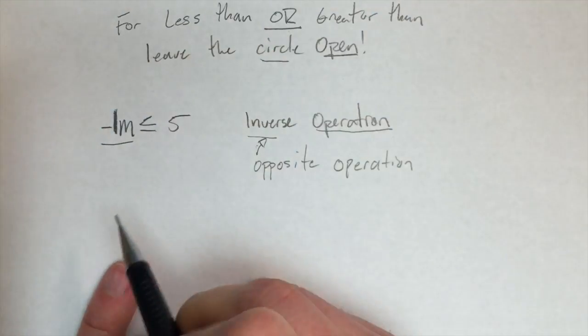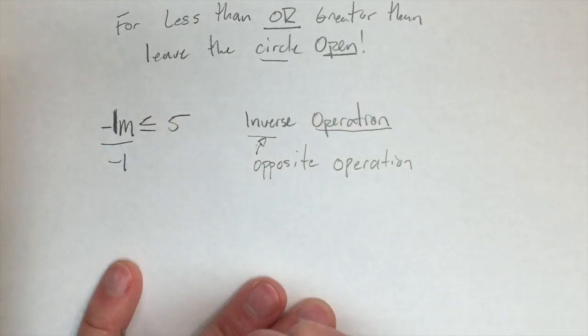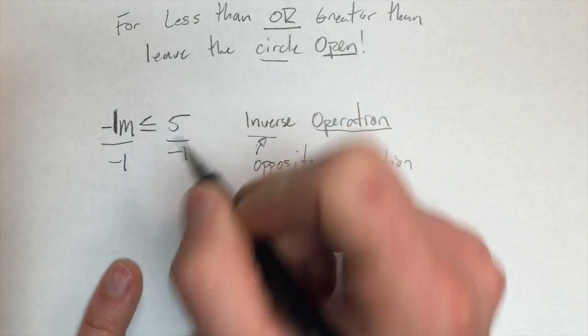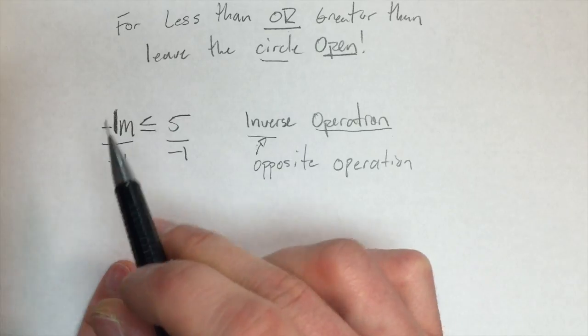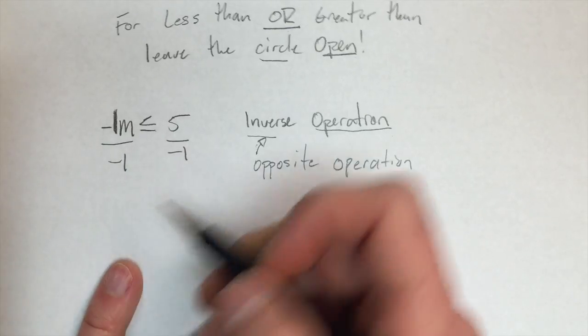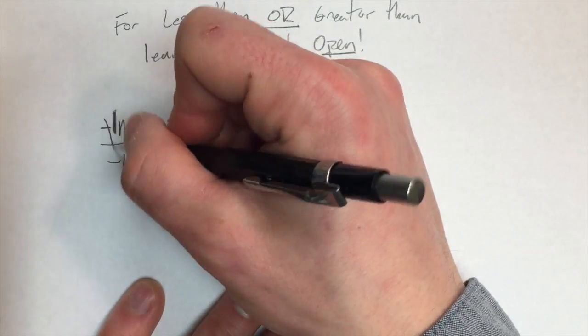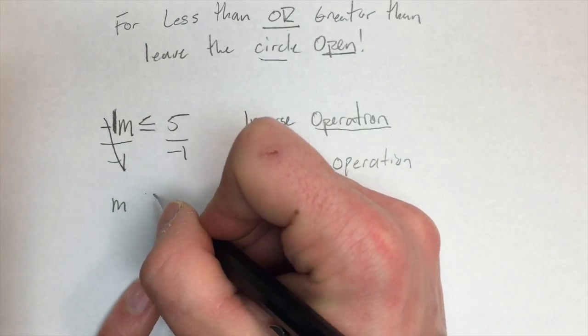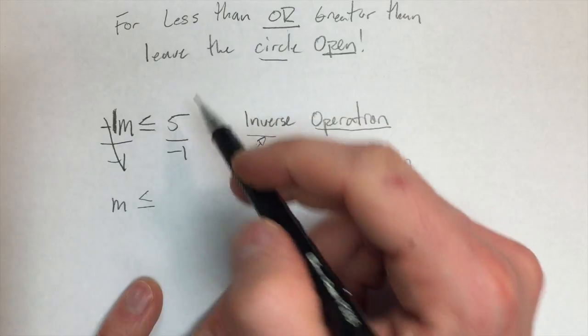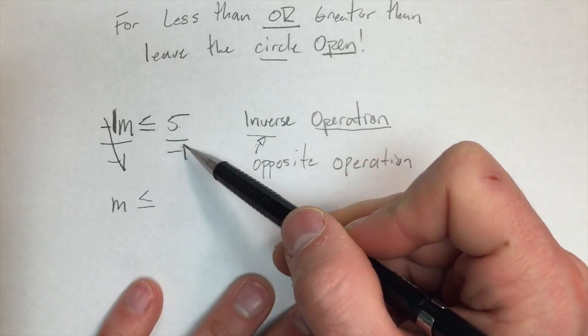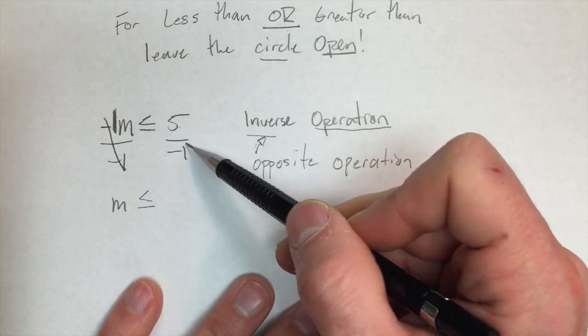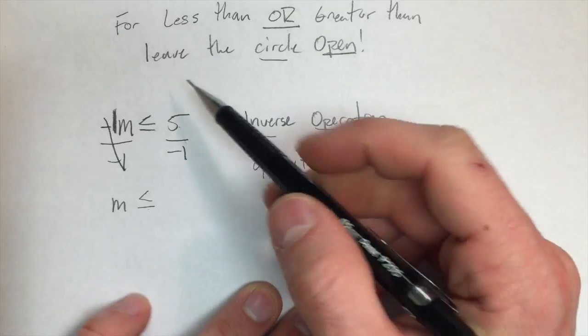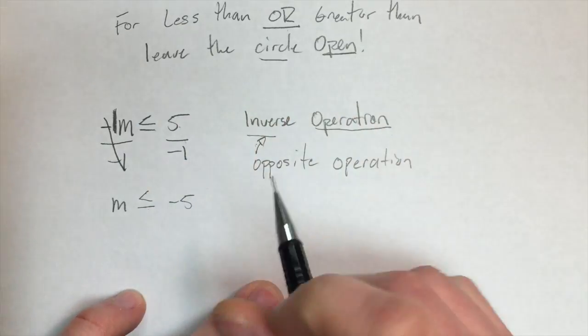So I'm going to divide each side by negative 1, because what you do to one side, you have to do to the other side. These negative 1's cross out, and I'm just left with a positive m. And I have a 5 divided by a negative 1, which is negative 5.